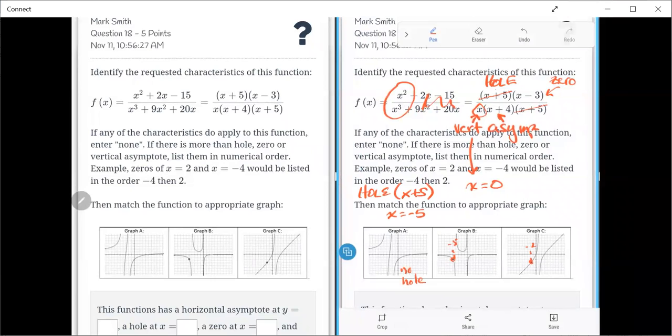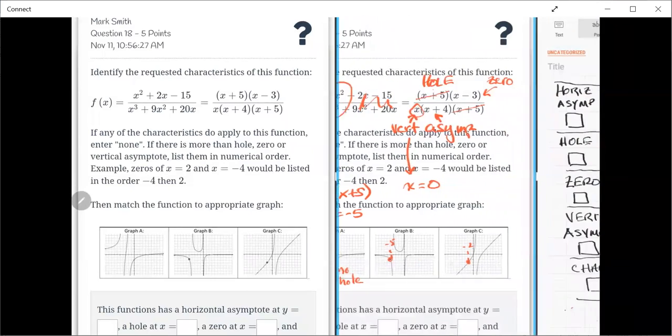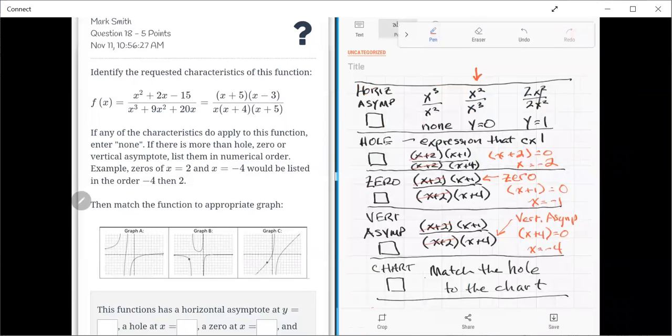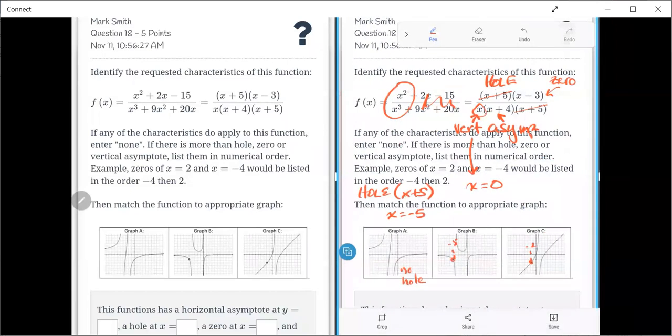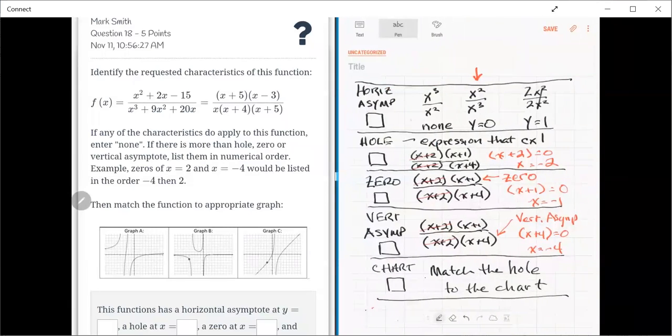So just to go very quickly through these again, the first step is to look at the first two terms and see which one they match. Depending on which one they match, that's your answer. Second step, cancel. If something cancels out, that is a hole. It may be that something doesn't cancel out, in which case you would say none for the hole.